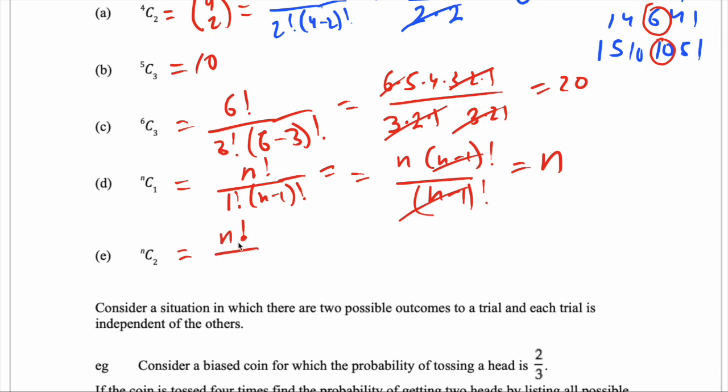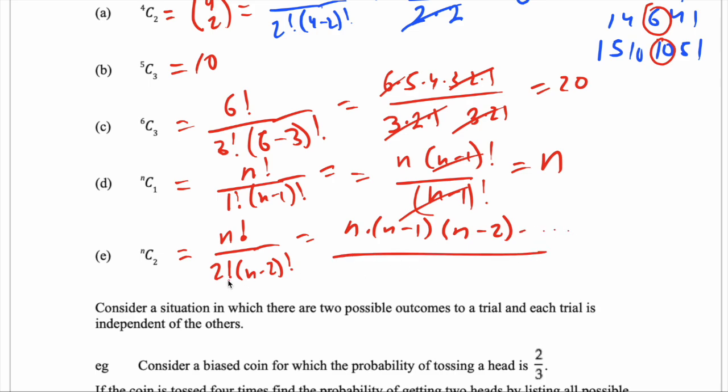You're often asked to solve equations involving this kind of stuff. So that's n times (n minus 1) times (n minus 2) and so on, with 2 factorial down here. And this is (n minus 2) factorial, which cancels, so you get (n squared minus n) over 2.